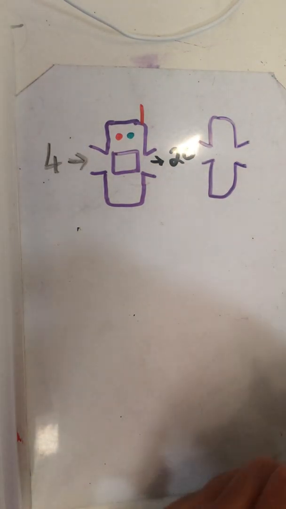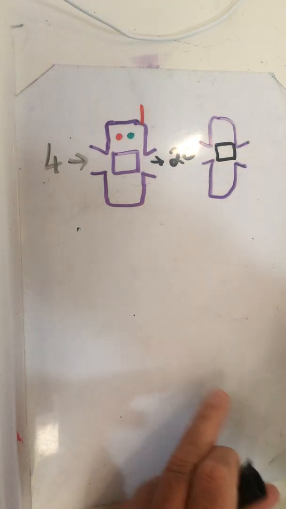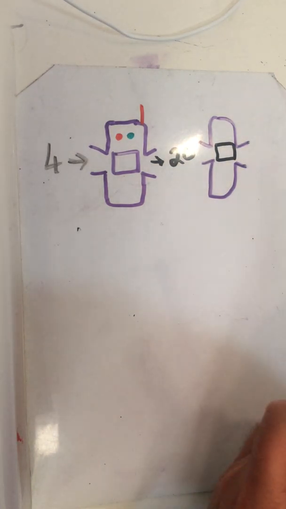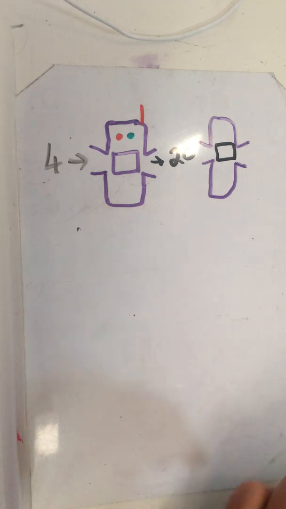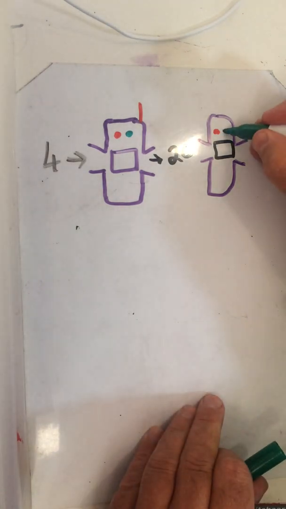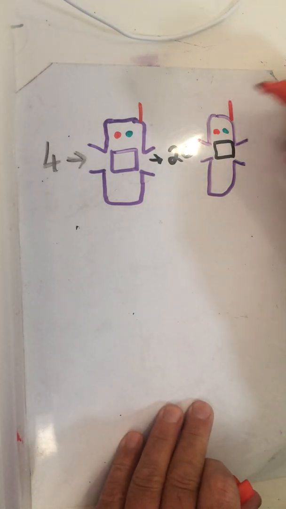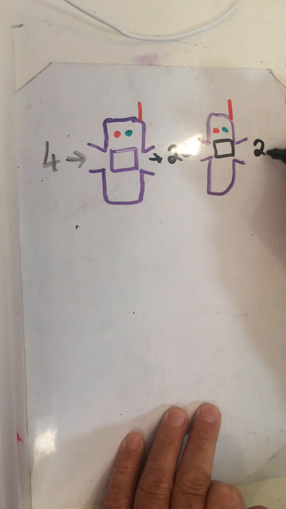So say for example we've got this one here, and we'll still do the dots and stuff. And then here you might have 23.